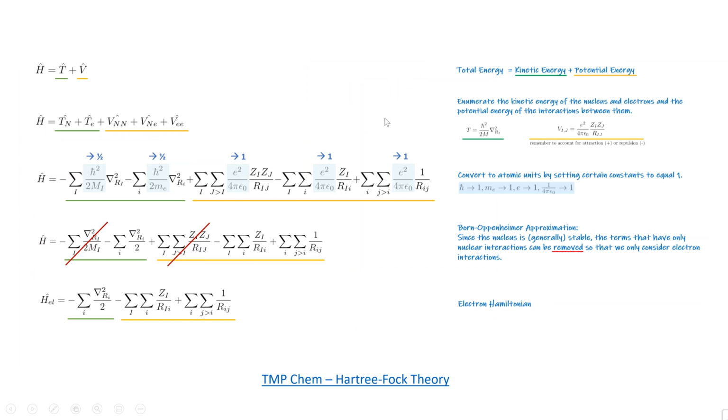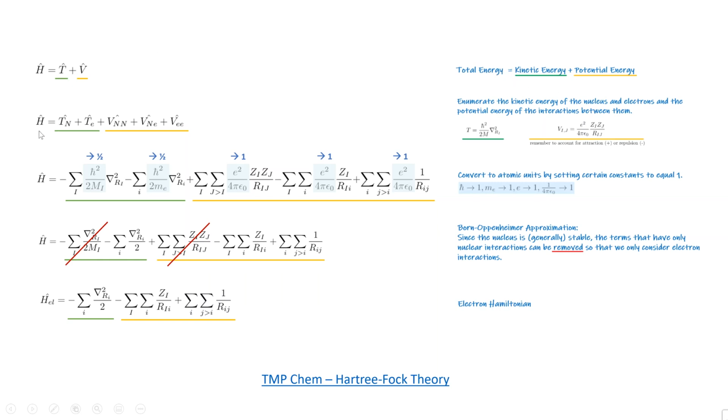If this slide looks intimidating at first, it's actually really simple when you break it down, so bear with me. What we're trying to do is set up our electronic Hamiltonian operator, represented by this H hat. If we split it up, we're looking at the sum of the kinetic energy plus potential energy. Just normal physics stuff, right?